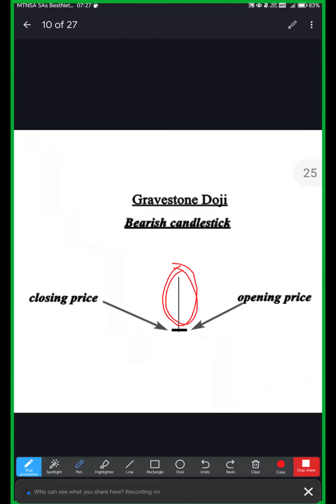In the dragonfly doji, the shadow is down here. Upper shadow, lower shadow. So this is the difference. The dragonfly doji has a long lower shadow, while the gravestone doji has a long upper shadow.